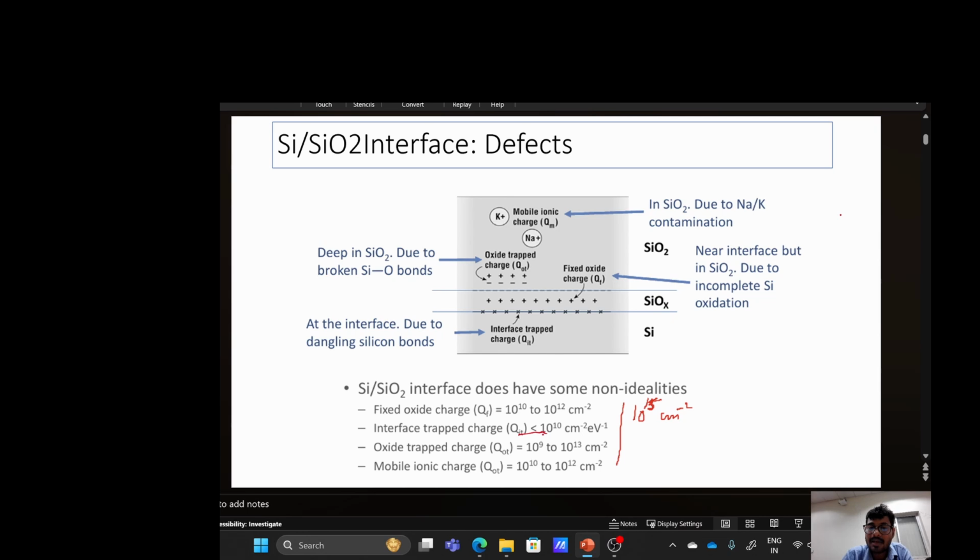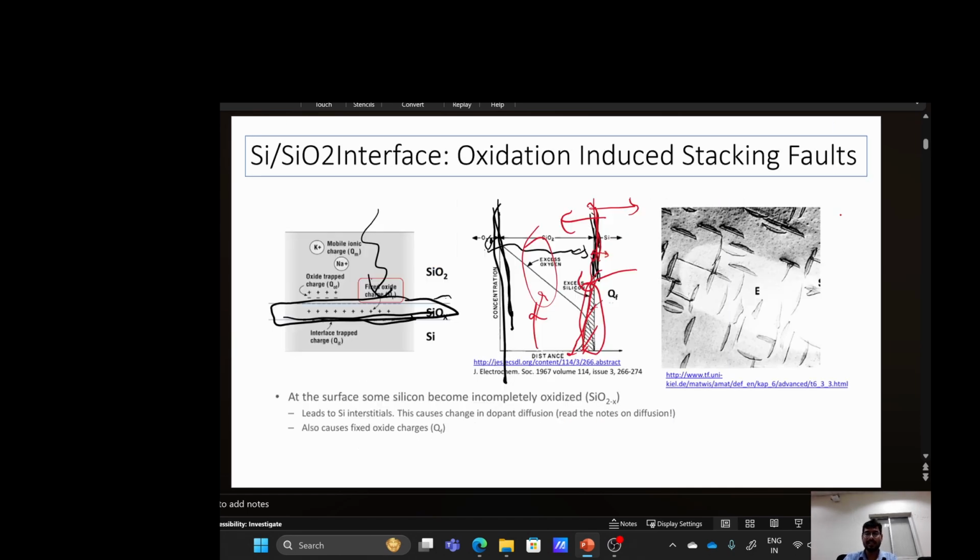Interface trap charges are around 10 raised to power 10 per centimeter square, and they originate due to dangling bonds. How can we cure these dangling bonds? This is a kind of rearrangement of the silicon. If we anneal it at a higher temperature, these dangling bonds can be minimized up to a certain extent.